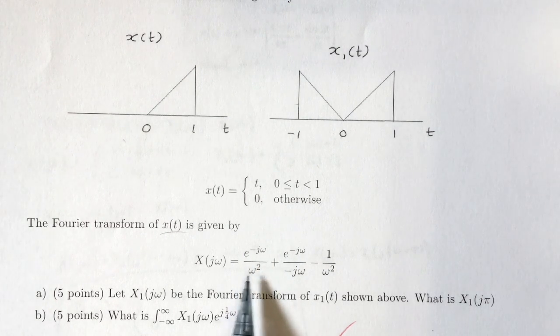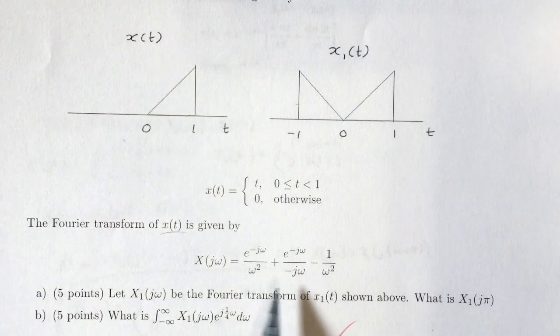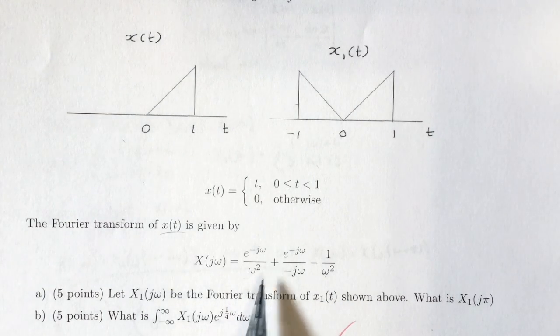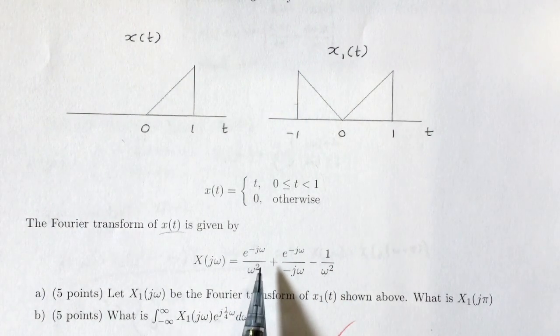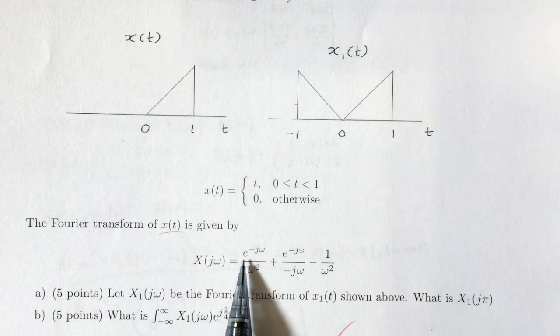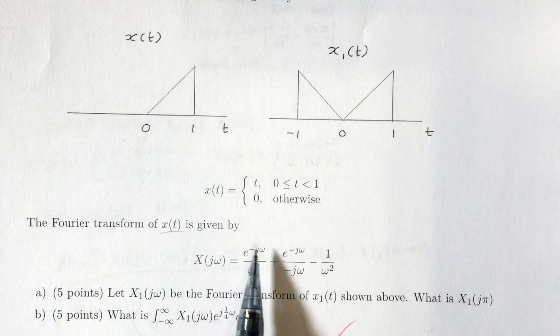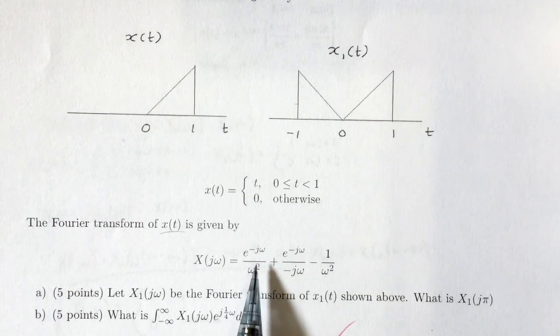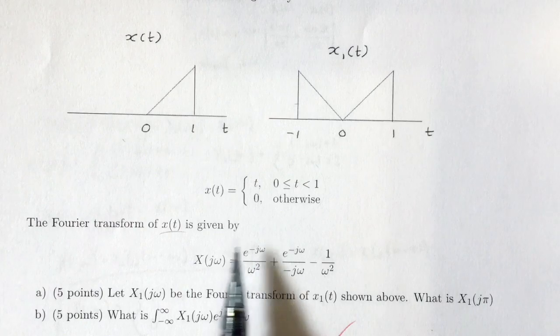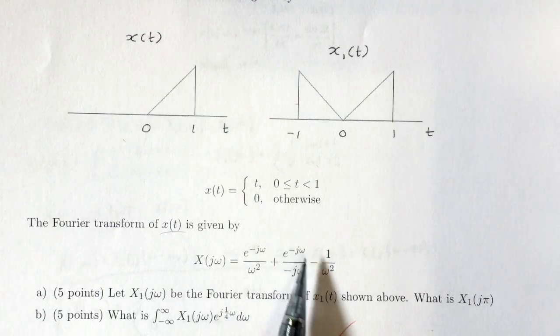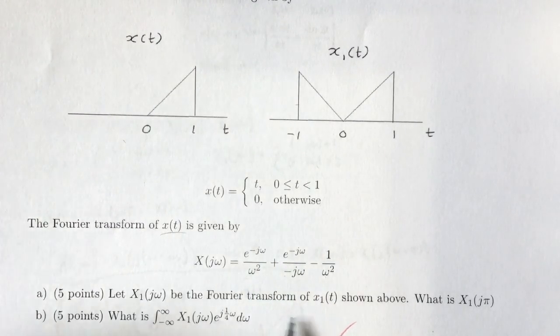For these squared terms, that negative is not going to affect them, the negative will just go away. But for e^(-jω), this will become a positive, because we're replacing it with another negative, so a negative and a negative become a positive. Same thing for the other terms.